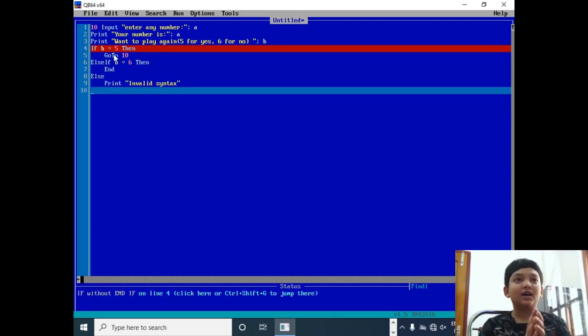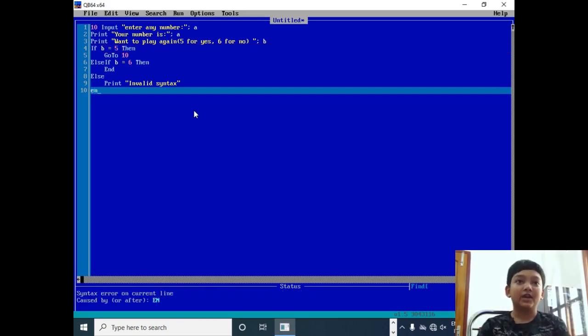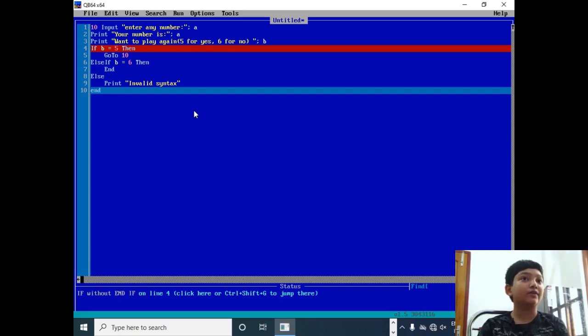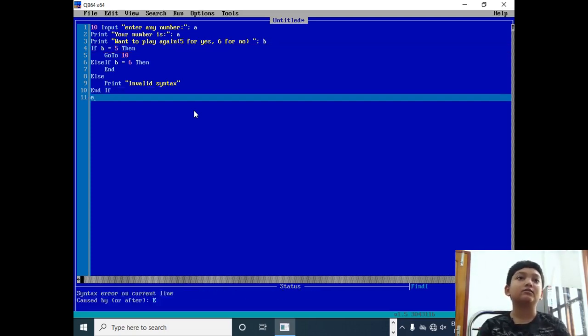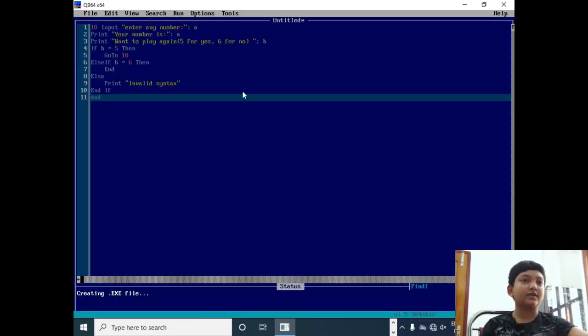And our if statement is disturbing very much. Let us stop it by writing end if, and then the actual end. Now let's run it. Let's see what happens.